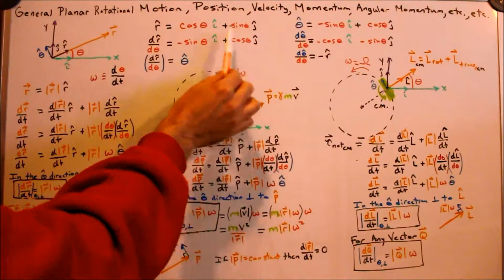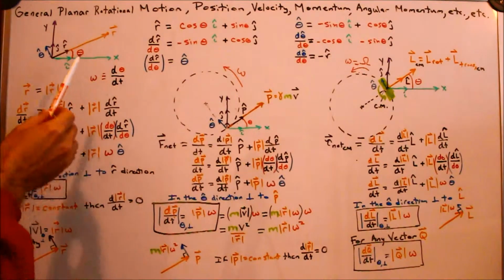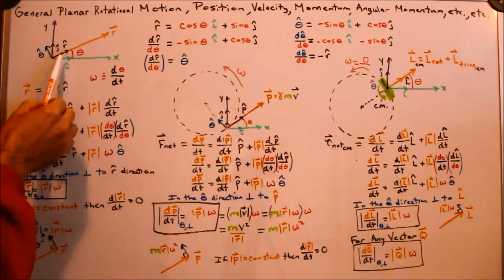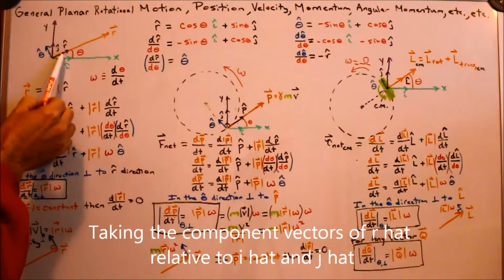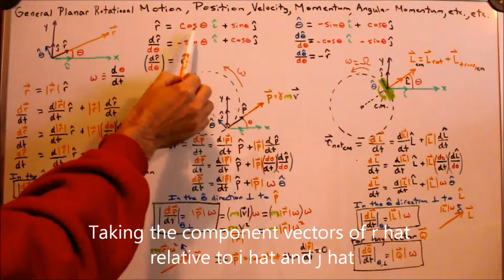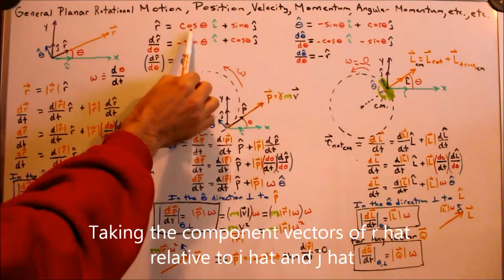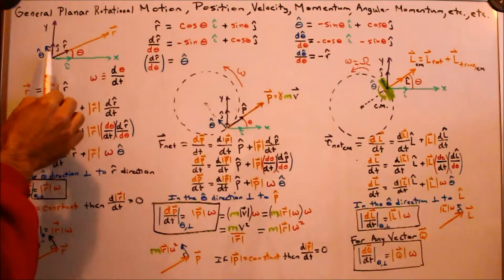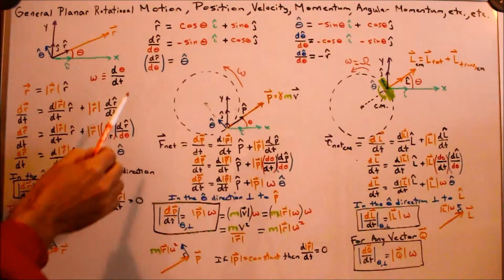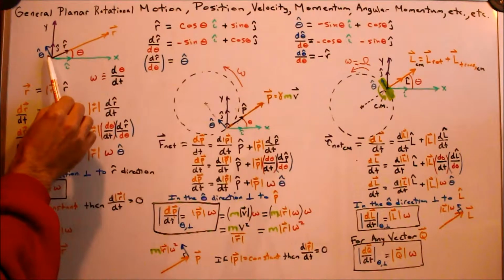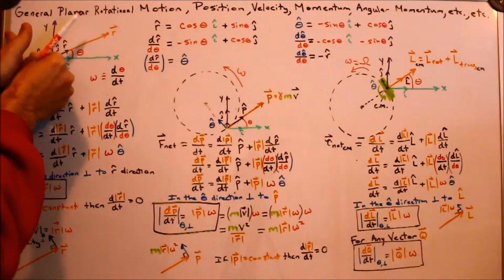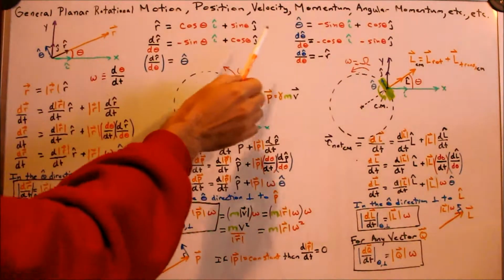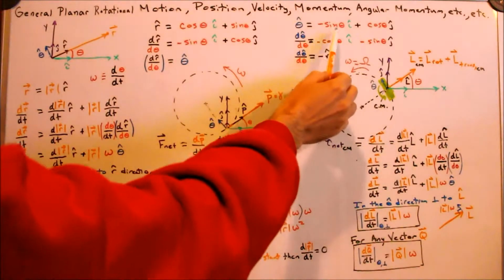From just trig, I know that r hat can be defined relative to the cosine and sine terms of i hat and j hat. Likewise, the perpendicular unit vector theta hat, which is always going to be perpendicular to whatever r is, can be defined as shown right there.